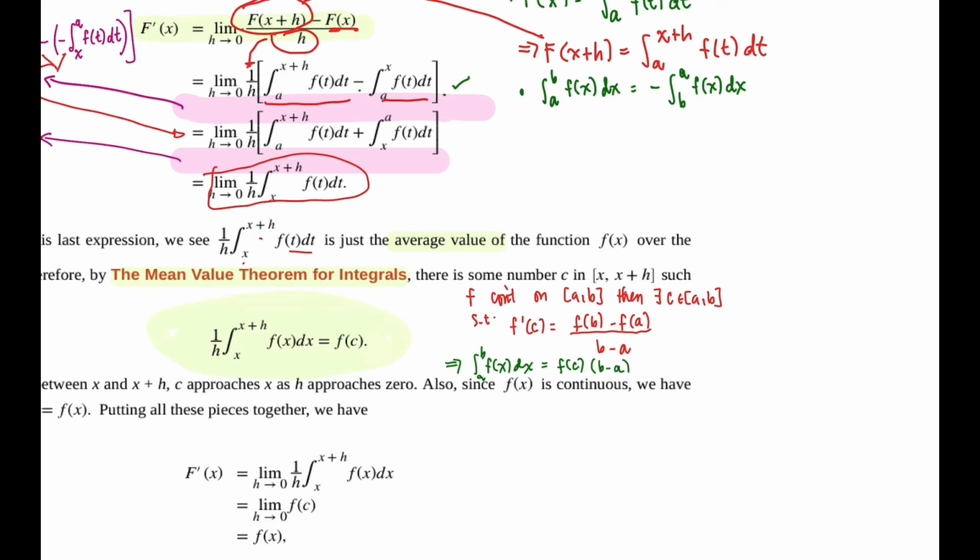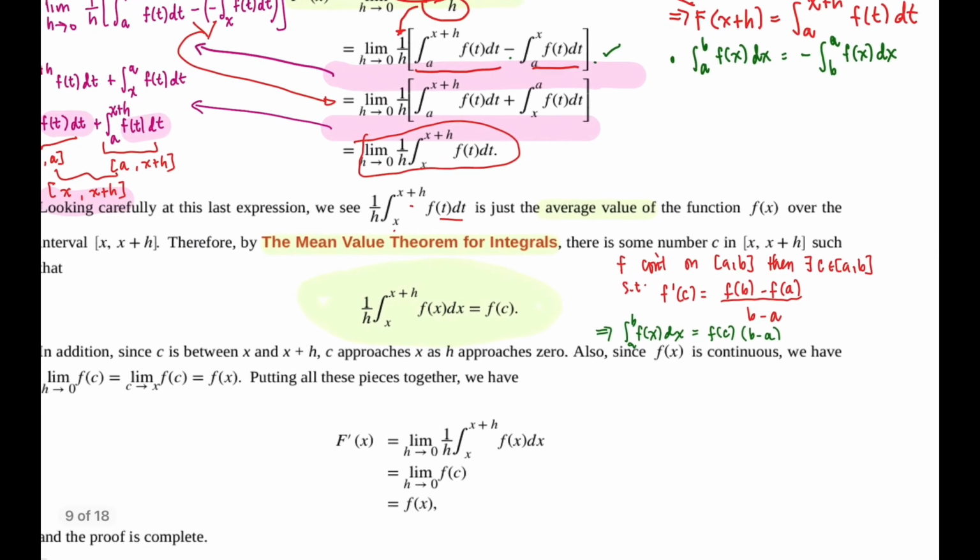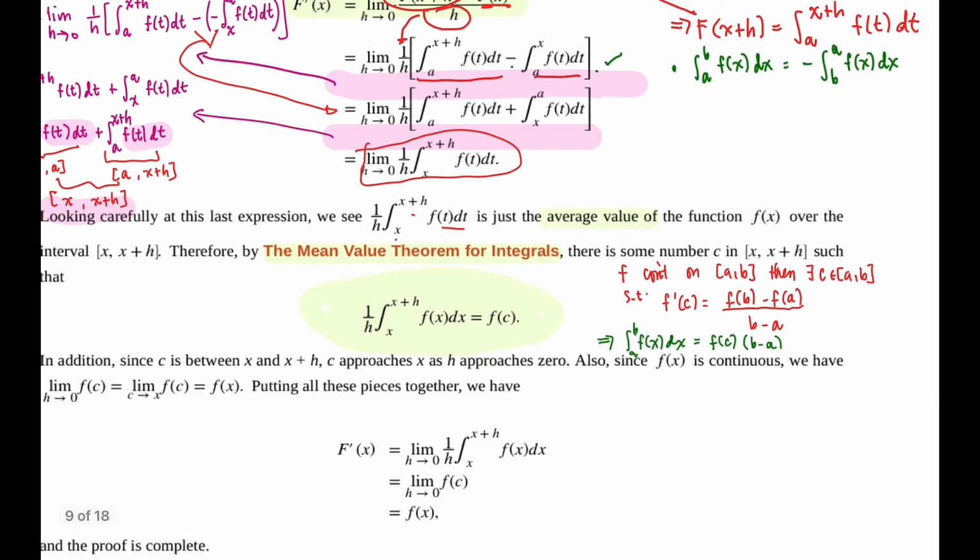Okay, so let's look at the notation used in the book. The lower bound is x in this case, and the upper bound is x plus h. So this is our b.